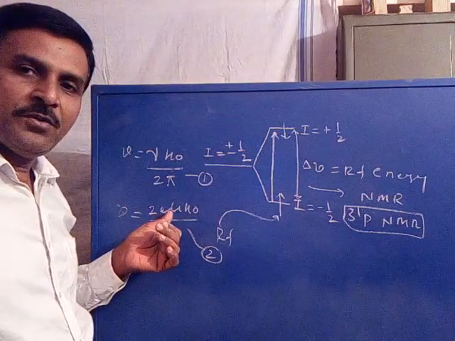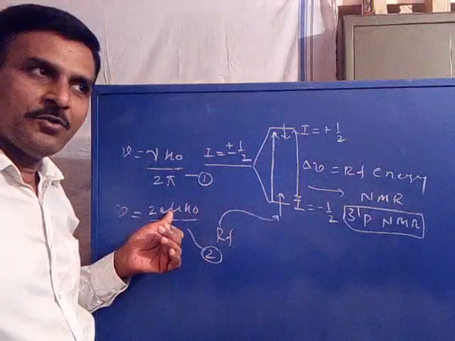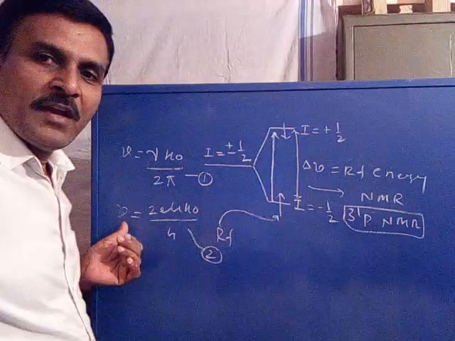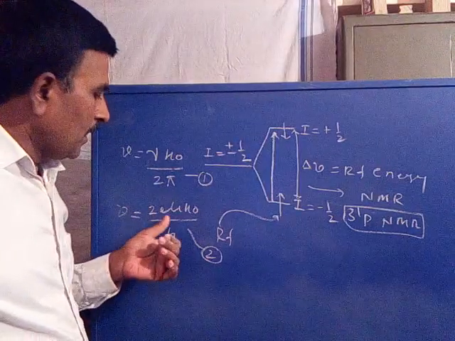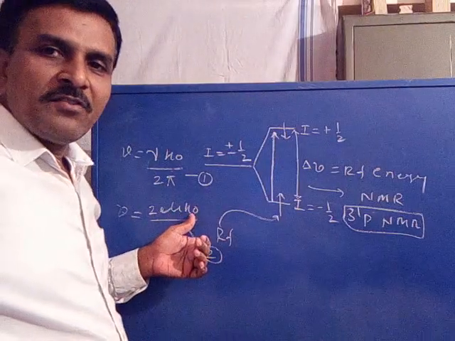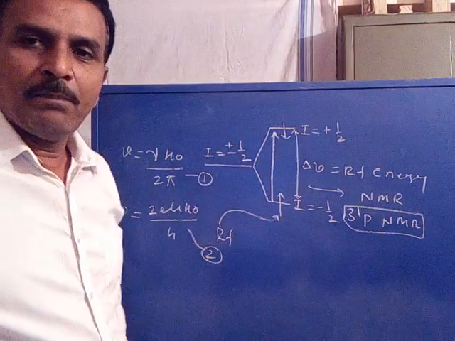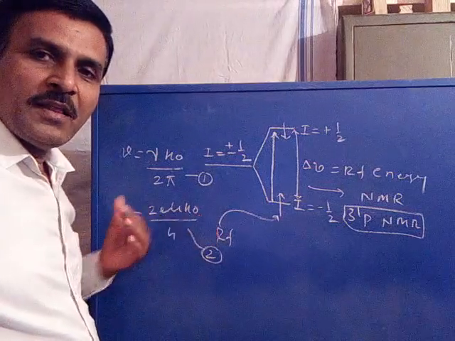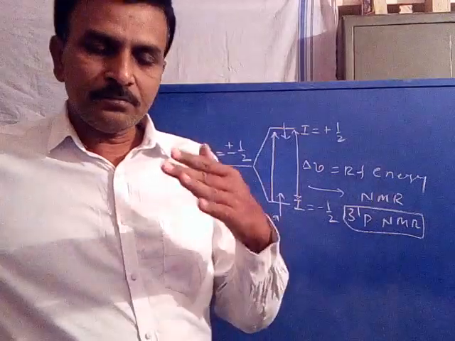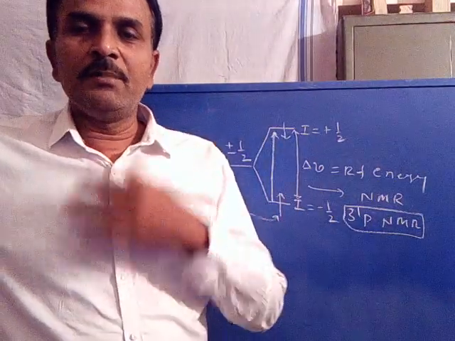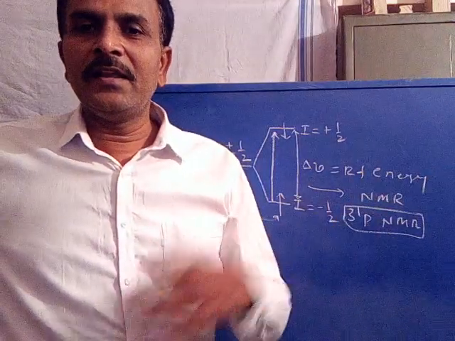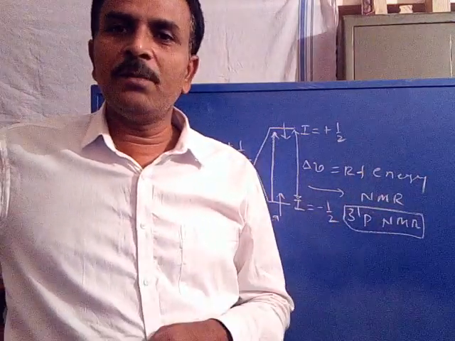If we substitute the secondary magnetic field produced by fluorine nuclei and H0 applied to fluorine nuclei, then we will get the fluorine absorption frequency. Or if we substitute the phosphorus secondary magnetic field and the applied magnetic field for the phosphorus nuclei, then we will get the absorption frequency for phosphorus nuclei. So the principle involved in phosphorus is quite similar to that involved in proton NMR or fluorine NMR. So this is about the principle.